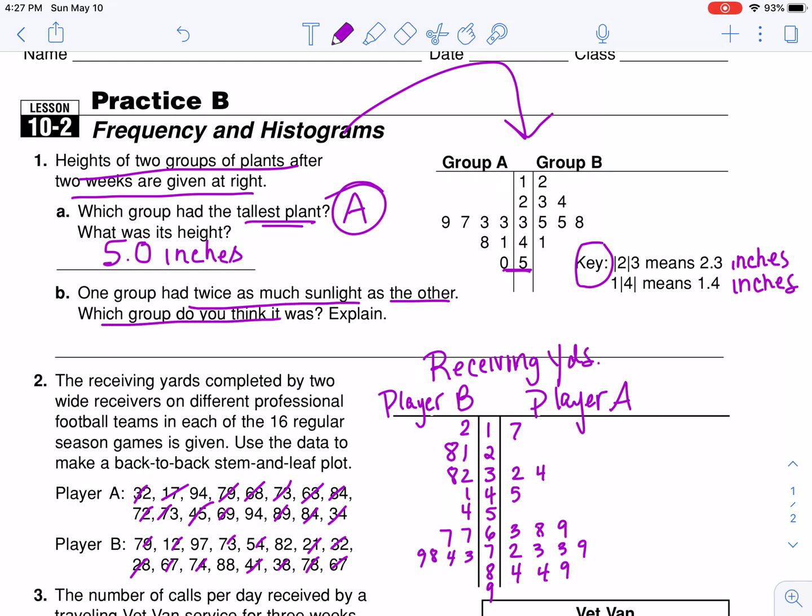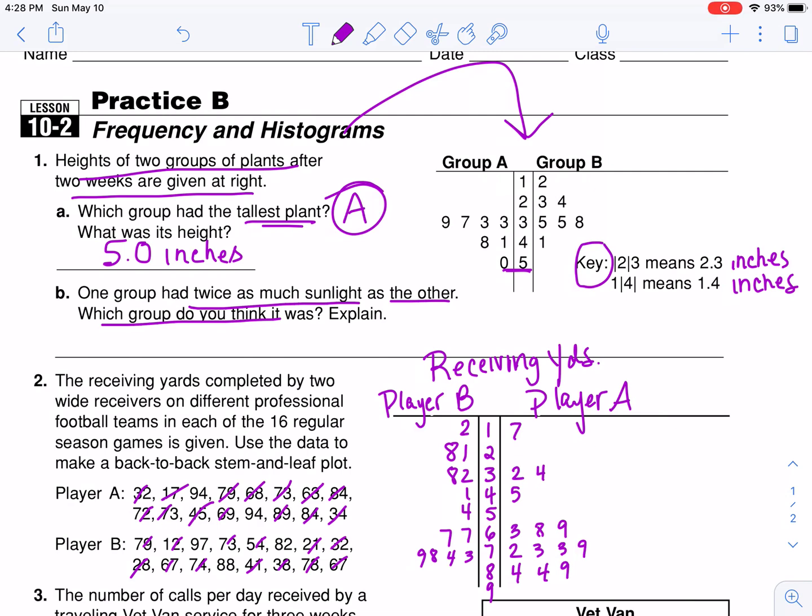All right, one group had twice as much sunlight as the other. And which group do you think it was? So the stem and leaf plot does not tell us anything about what these groups of plants were exposed to. But what you do know is that plants need sun. So one group had twice as much sunlight. That probably means they have taller plants.